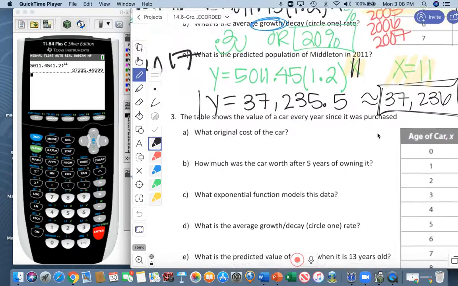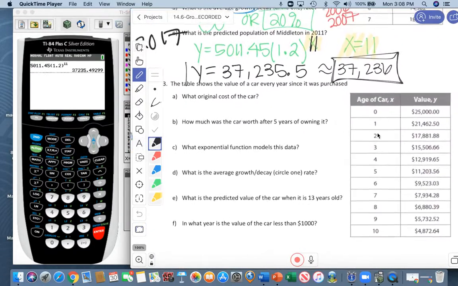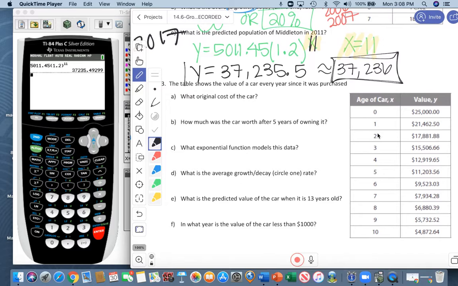Okay, last number, we're almost there. The table shows the value of a car every year since it was purchased. It says, what is the original cost? So when it was 0 years old, what was the original cost? Well, it tells us right here in the table. The original cost was $25,000.